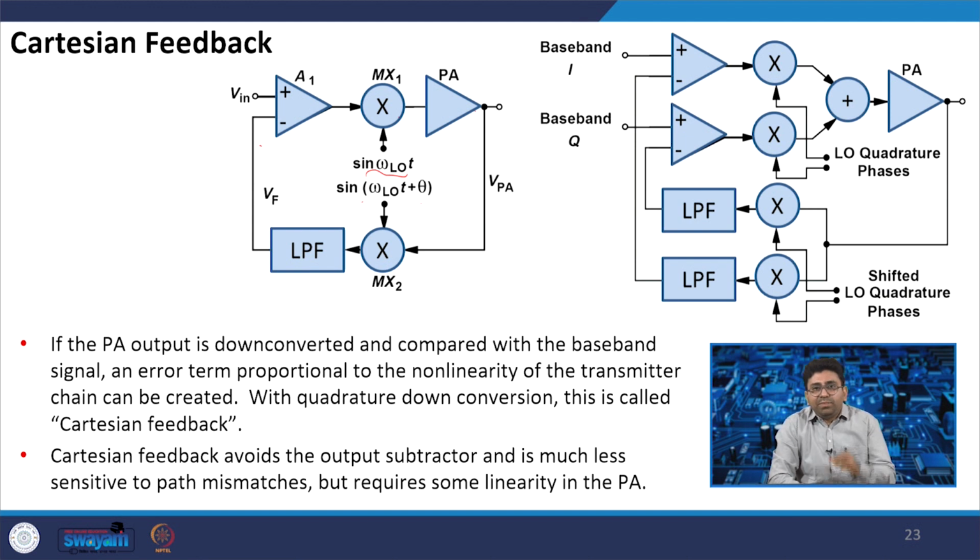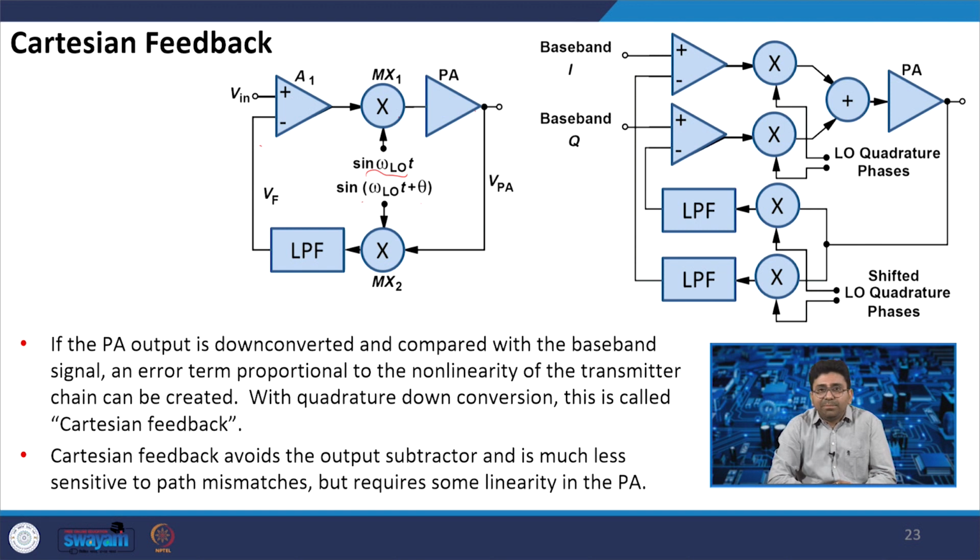So, if the power amplifier output is down converted and compared with the baseband signal, an error term proportional to the nonlinearity of the transmitter chain can be created. And with a quadrature down conversion, this method is called Cartesian feedback.